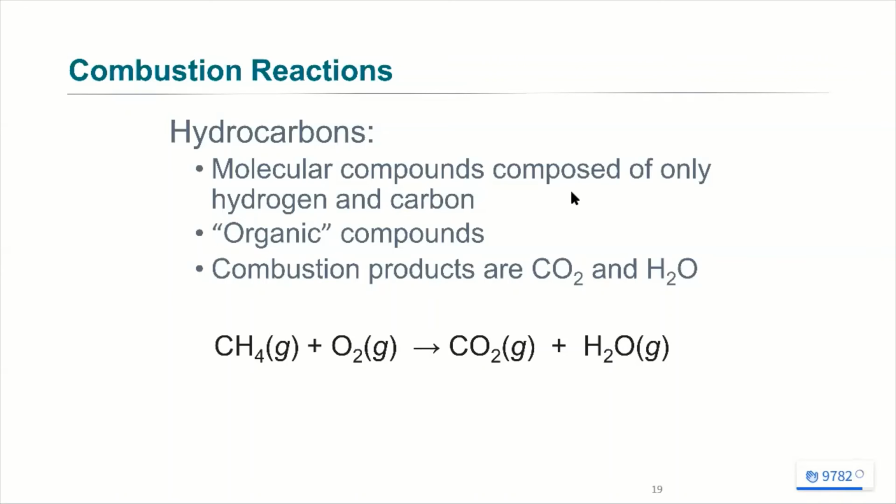Hydrocarbons are molecular compounds made up of only hydrogen and carbon. These are most often organic compounds. And when they react, the combustion reaction always follows this form. Hydrocarbon plus oxygen makes carbon dioxide and water.